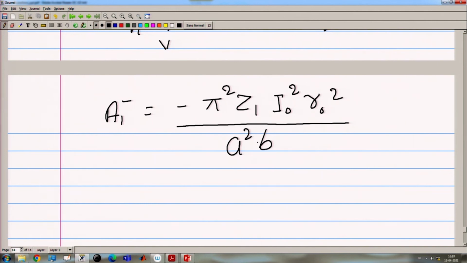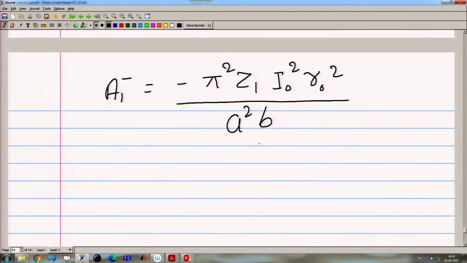So, we know the modal field for the positive and negative direction, how to write those fields.